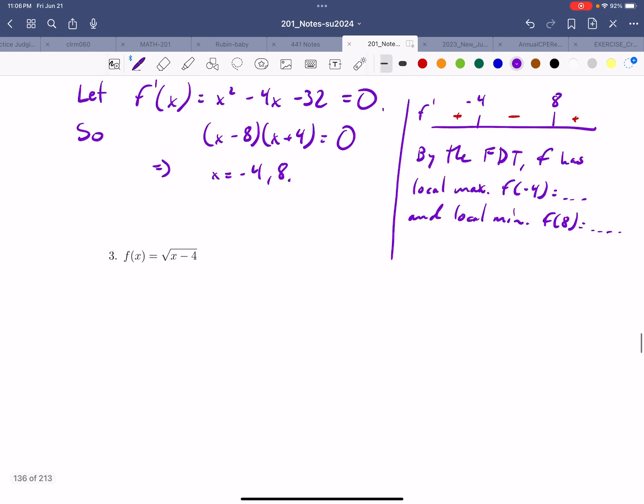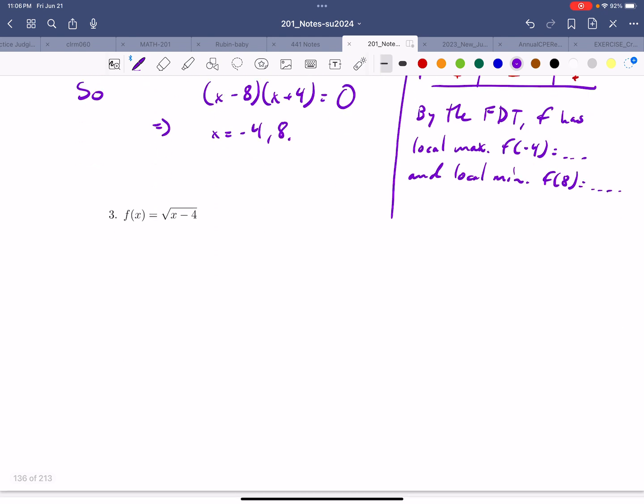Okay. What about number 3? Here, you can take the second derivative if you want. Yeah, let's try both ways. I'm not sure if the first or second derivative test is better, so let's try them both. So we'll first try the first derivative test.